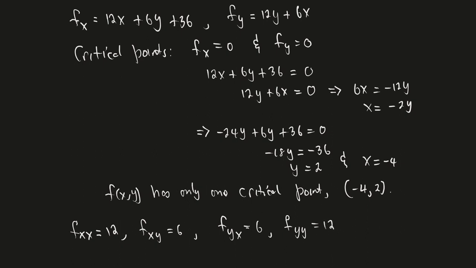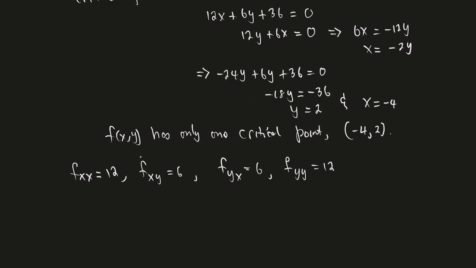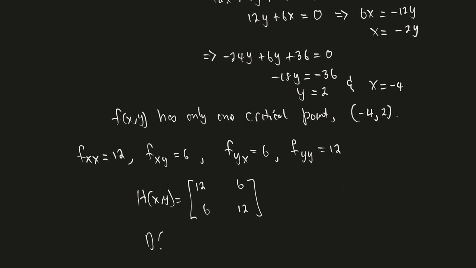So what happens here is that all the second partials are constant. So that means our Hessian matrix is actually a constant matrix. I'm going to write it down anyway. So here's our Hessian. And it is 12, 6, 6, and 12. And then right below it, I'm going to write down the D. So the D is also going to be a constant. And that's just a regular determinant.